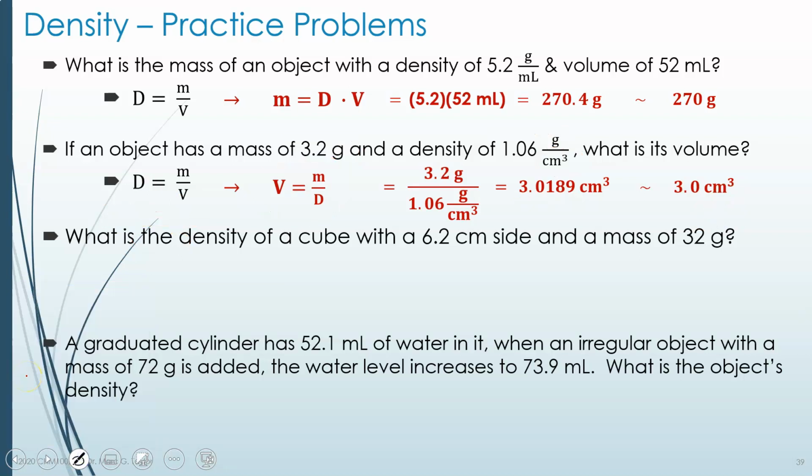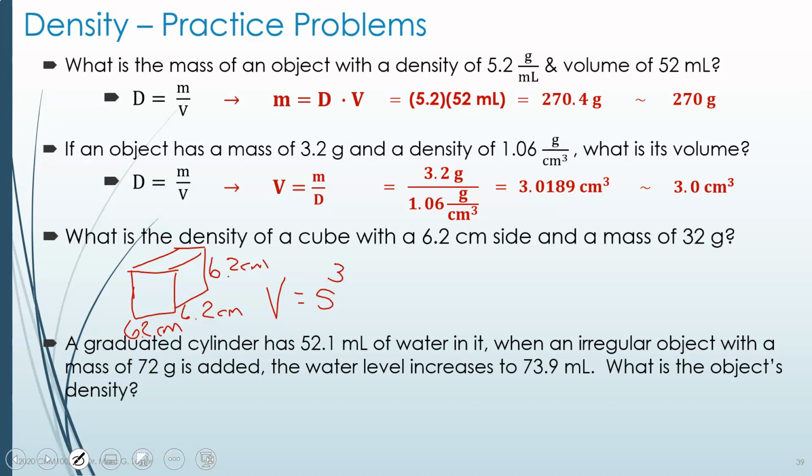The next problem says, what is the density, so now you're being asked for a density, of a cube with a side that is 6.2 centimeters and a mass of 32 grams. Well, remember what a cube is. A cube is a 3-dimensional square, so all the sides are equal, so that's 6.2 centimeters, and the height is 6.2 centimeters, and the width is 6.2 centimeters, and the volume of a cube is just equal to the length of the side cubed.